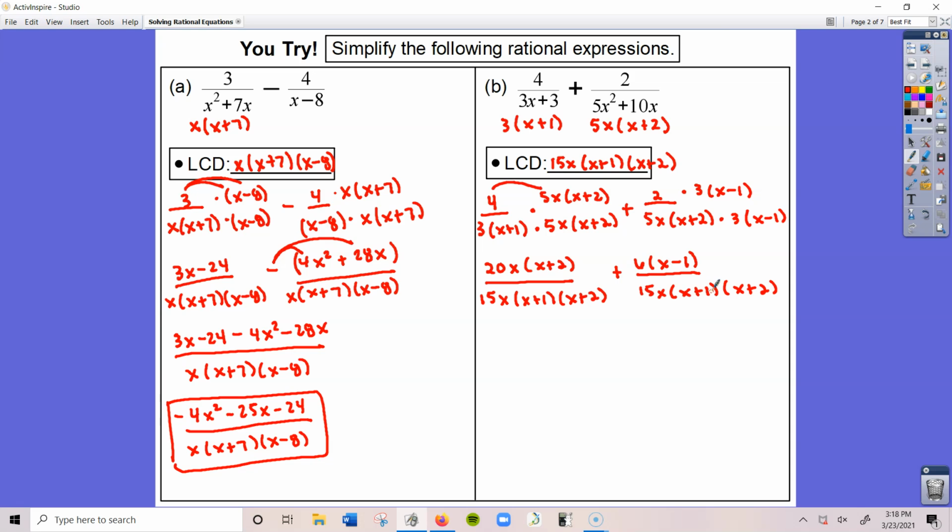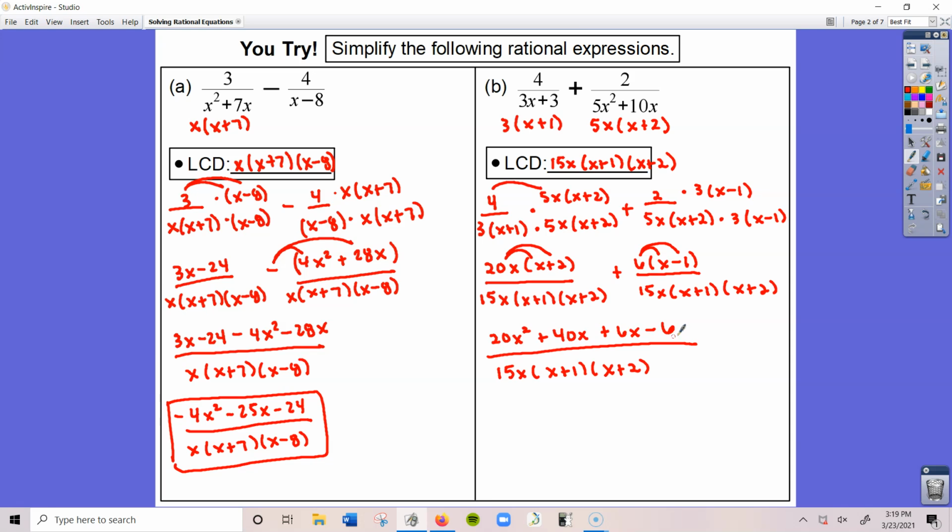Again, we have everything with the least common denominator, so we can just put these numerators together. I'm going to go ahead and distribute this 20x here and the 6 here. So 20x times x plus 2 is 20x squared plus 40x. Plus, now I'm distributing the 6, 6x minus 6, and everything is over my LCD, which is 15x times x plus 1 times x plus 2.